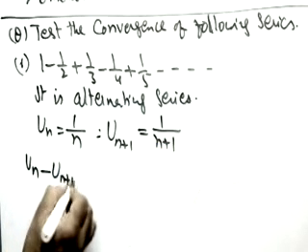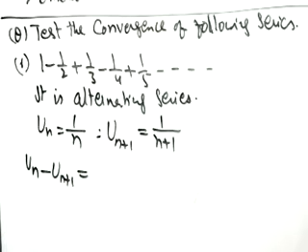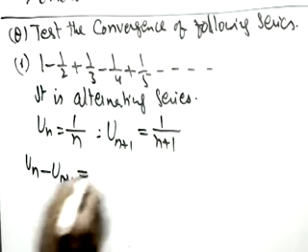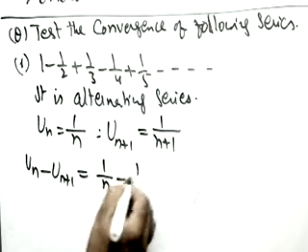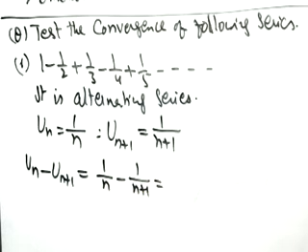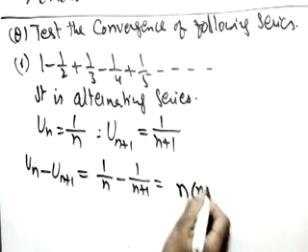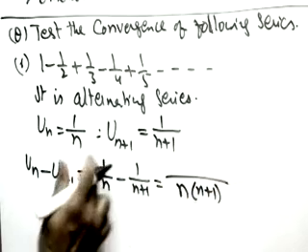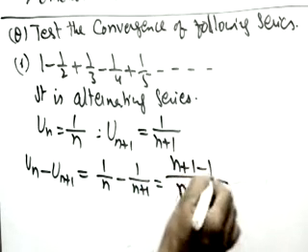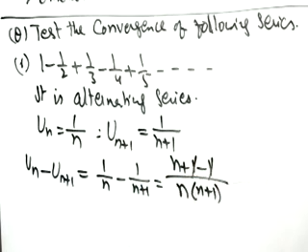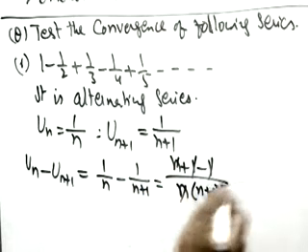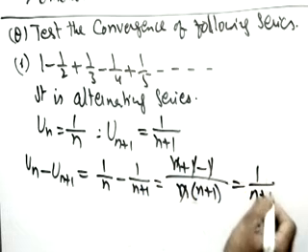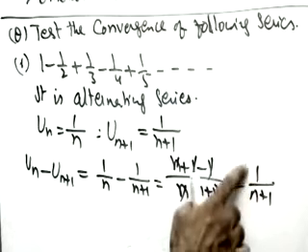So we have to find un minus un plus 1, which should be greater than 0. un is 1 by n, minus 1 by n plus 1. You take the LCM, n into n plus 1. This n plus 1 comes here, n plus 1 minus 1. Minus 1 plus 1 gets cancelled, leaving 1 by n into n plus 1.